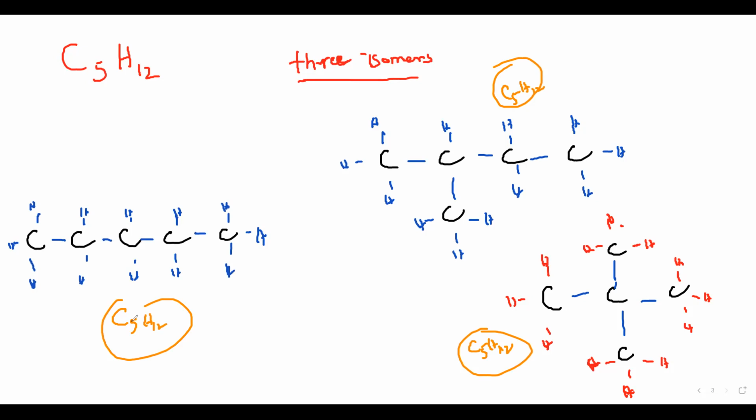For the isomers of alkanes, we just make a straight chain, then we make a branch. This is how we draw the isomers of alkanes.